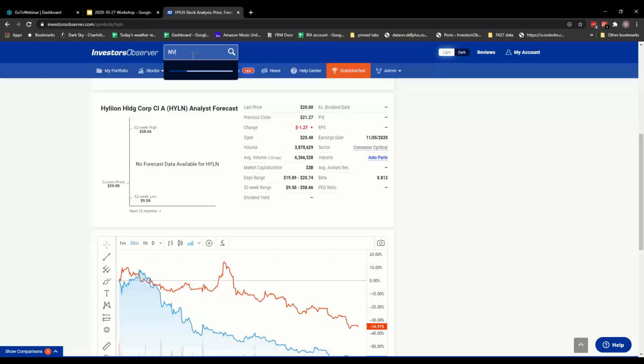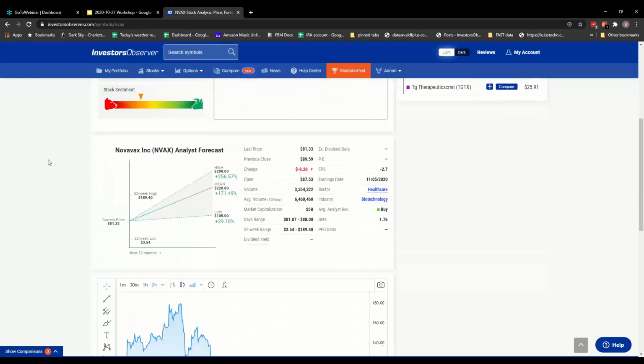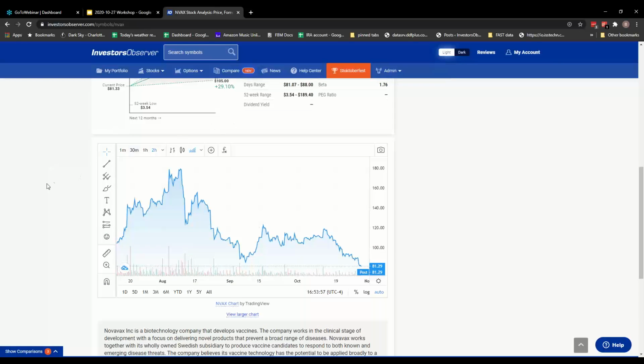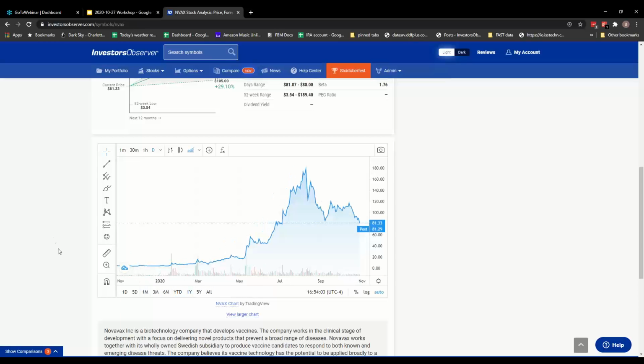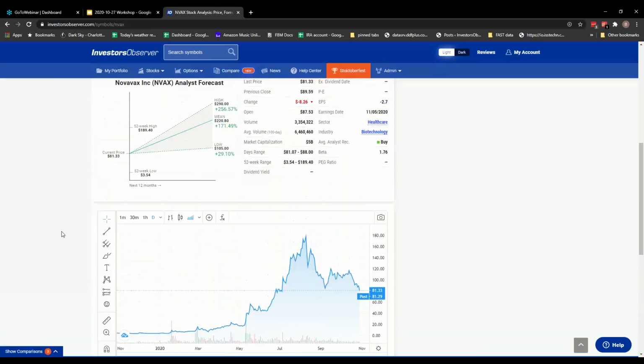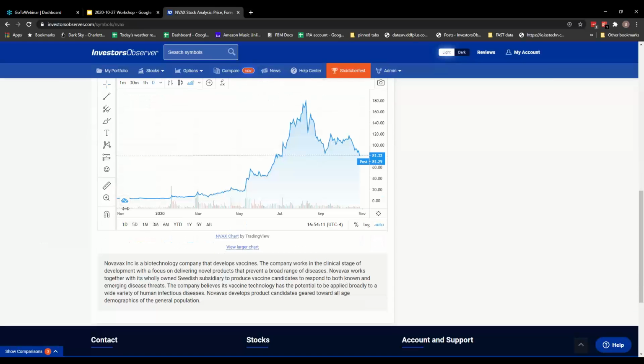All right. What do we think Novavax is going to do in the near future? All these charts look the same. Yeah, this is another relatively small biotech company.